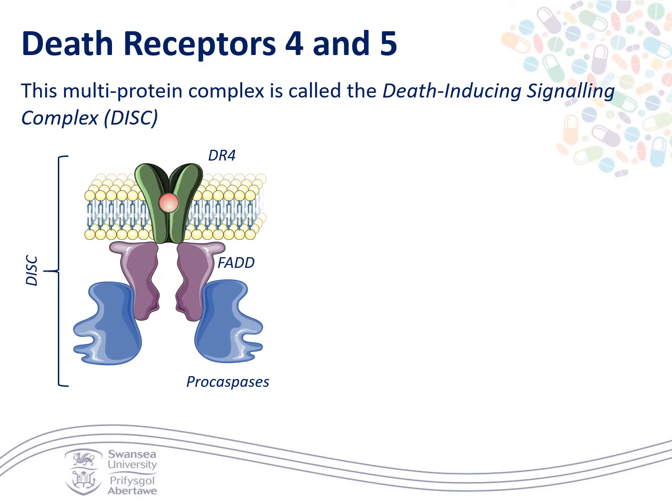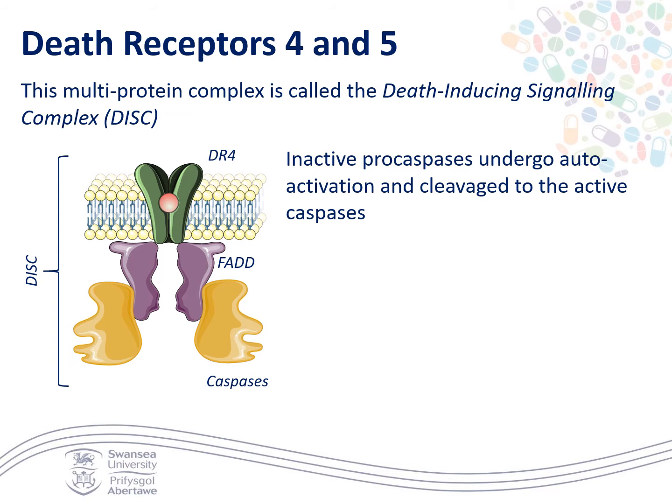This interaction between death receptor 4 or death receptor 5, along with the FAS-associated death domain, FADD, and procaspases, forms a multi-protein complex which we refer to as the death-inducing signaling complex, or the DISC. At this point, inactive procaspases undergo autoactivation and cleavage to become active caspases.